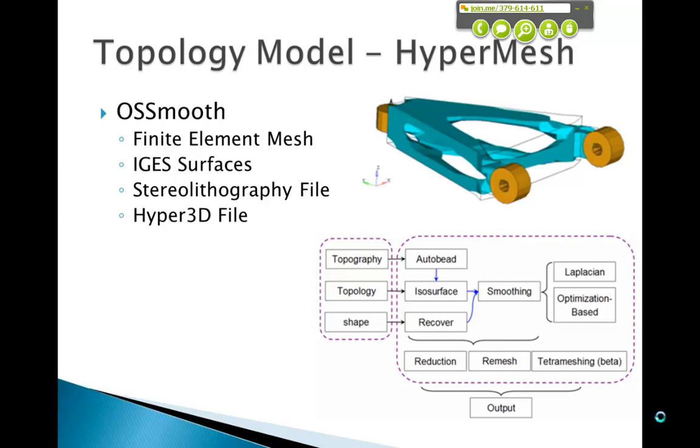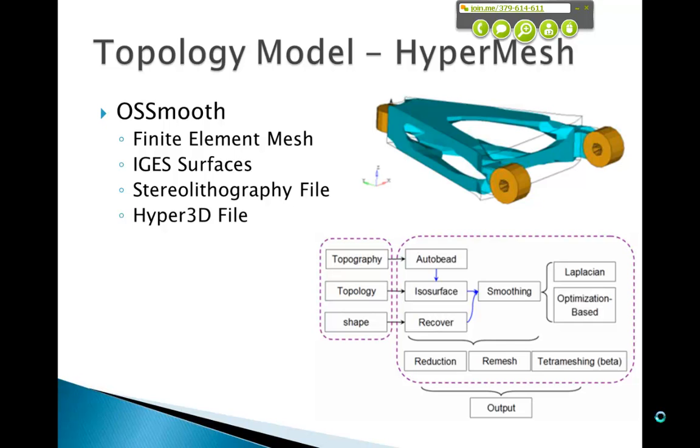We want to either grab the IGES file or the stereolithography file, the STL. So we can either output the result that comes out the bottom of that diagram. We can output it as either an IGES or a stereolithography.